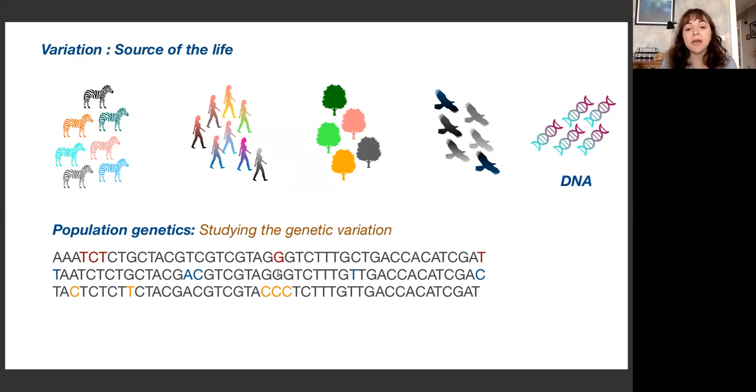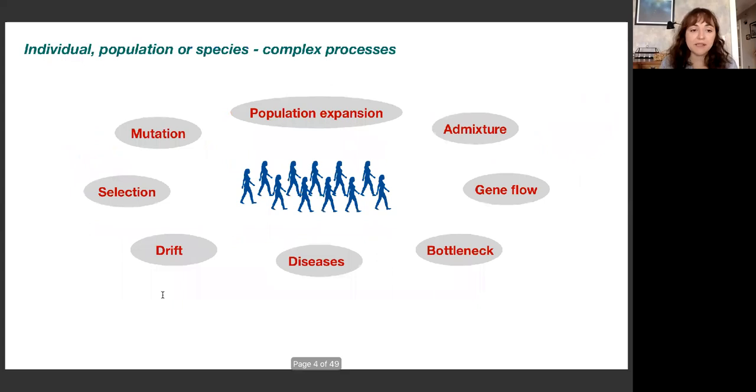And we study the evolutionary forces and also the demographic dynamics that shape this kind of genetic variation to understand the basics of this. So we can think that the individuals and also the populations and species are all shaped by complex processes. There can be some random mutations, or there can be some demographic changes like population expansion, or diseases can generate some selective pressures on the population.